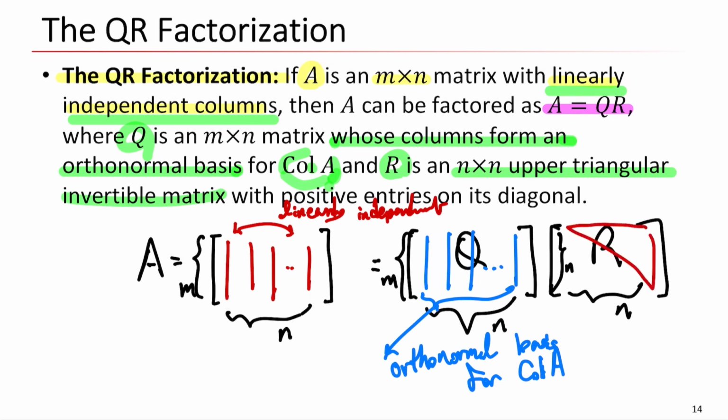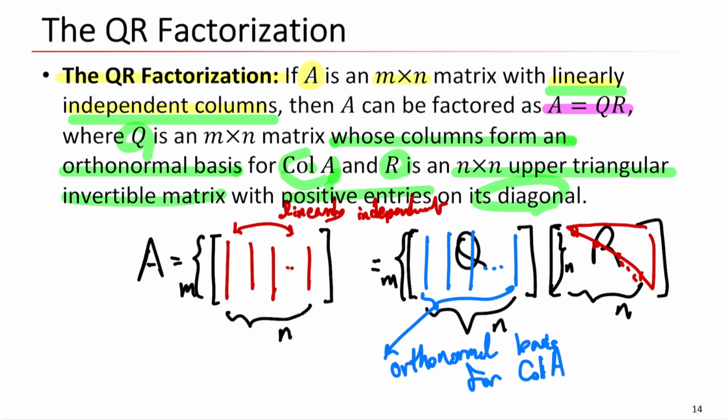And this matrix is invertible with a positive entry on each diagonal. It's very intuitive, right?